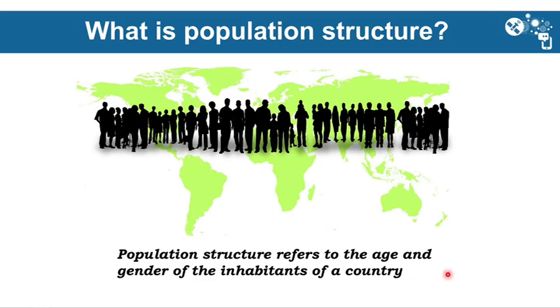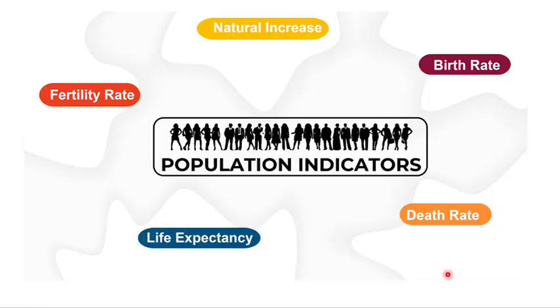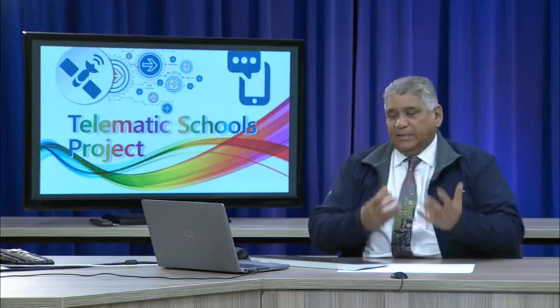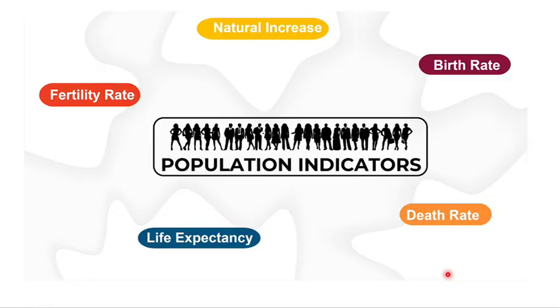Before we get there, I would like to share with you the population indicators. Very important concepts. You must be able to apply these concepts onto your population structure, as well as the next section that we're going to move to, your population pyramid. So these are very important things.